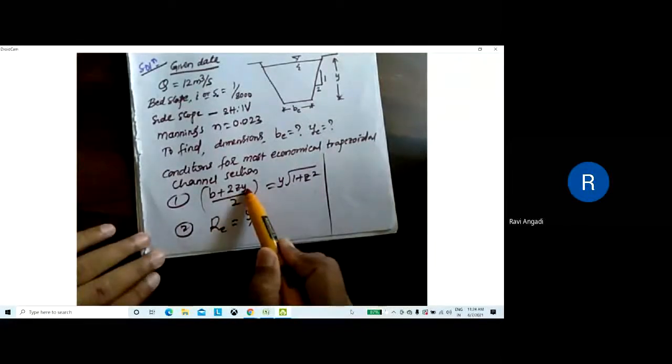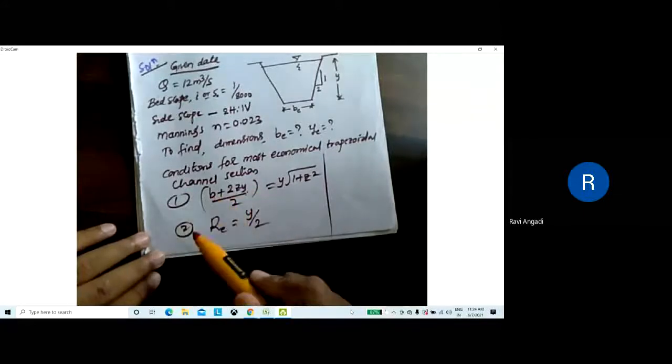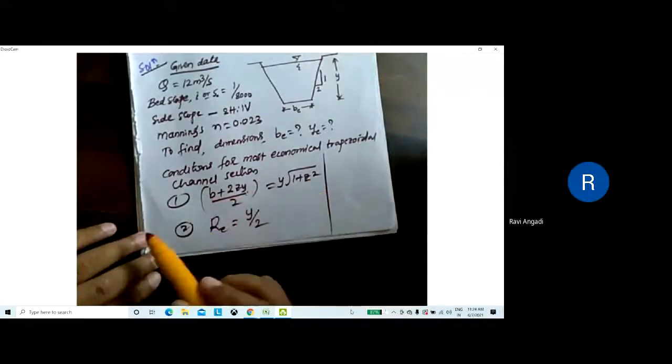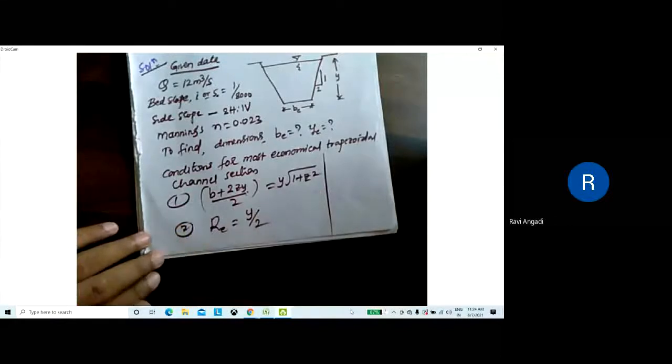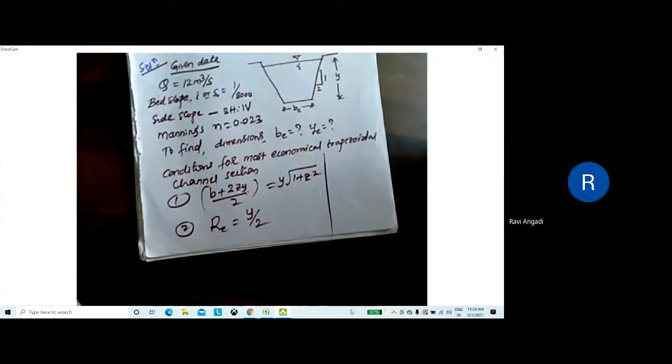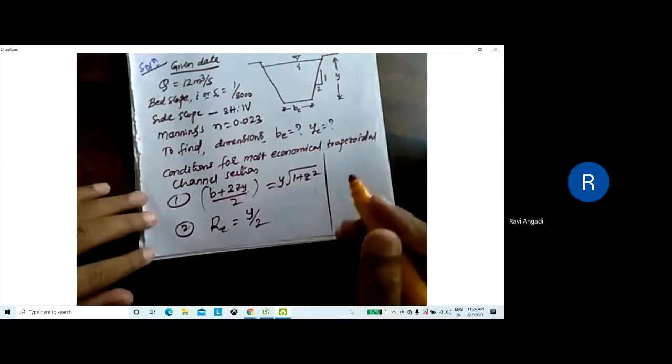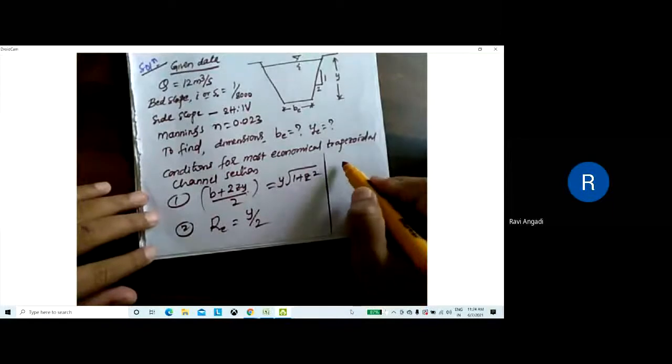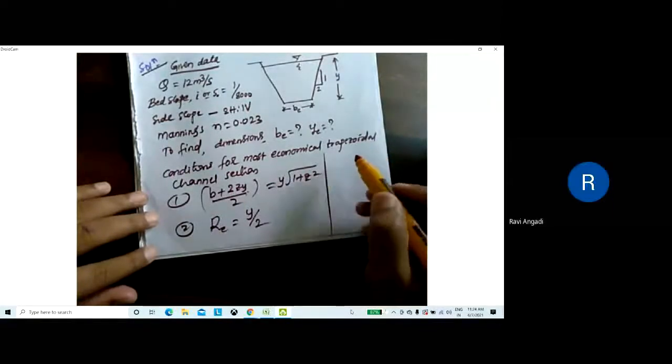Depth is unknown and width is unknown. Z is given or not? Z is given. Then, can anyone tell what is the value of Z? 2, correct.